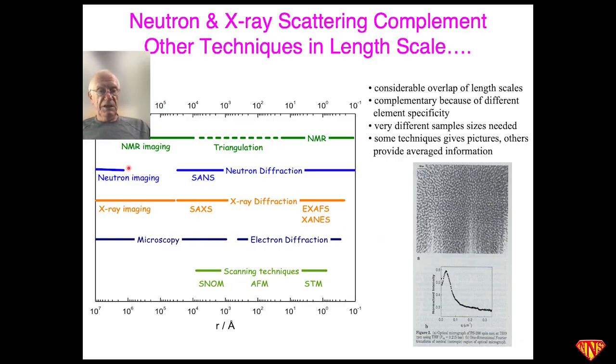Some techniques, like what we've seen with neutron imaging and with microscopy, give pictures, images. So, for example, if we had something like this, imagine that this is a solution of a colloid. It's a suspension of small particles in water, for example. So what you can see is the small particles. This is a picture. It's an image of that sample. Below that, you see what you would see if you did a small angle scattering experiment from that material.